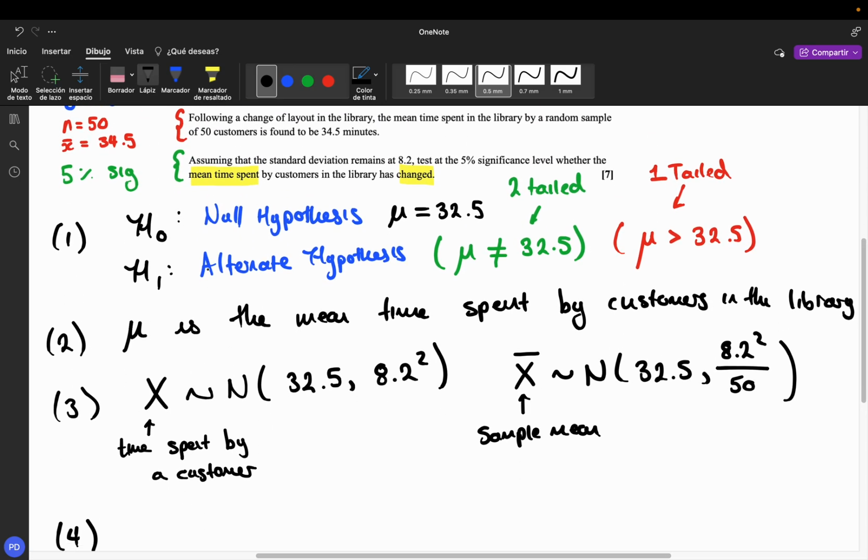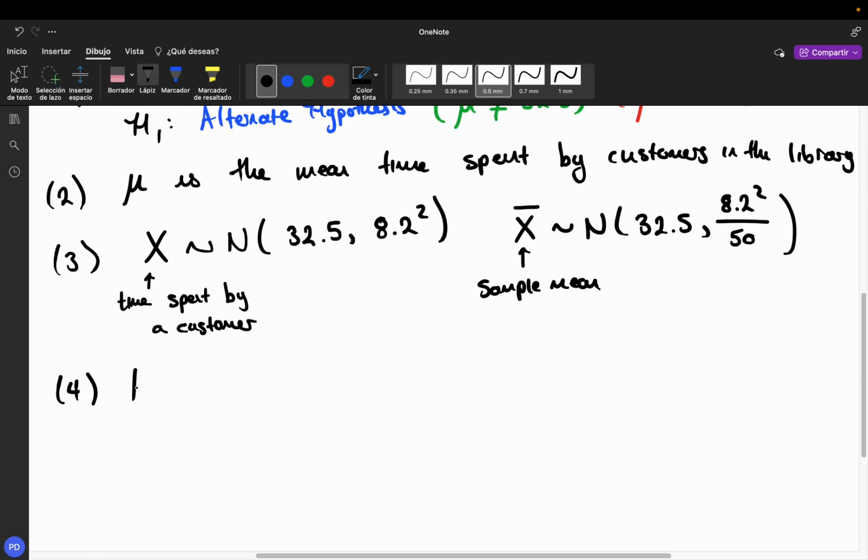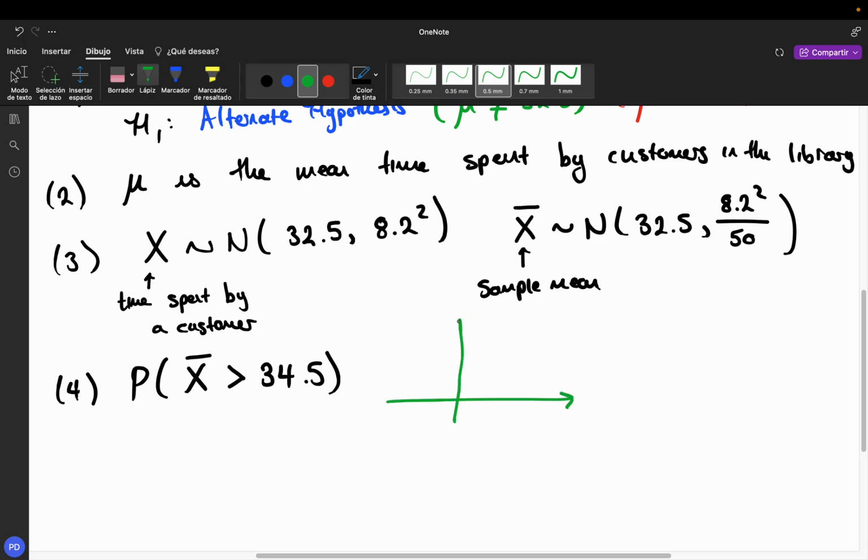Now, the way I'm going to do this is I want to find the probability that my sample mean, okay, is bigger than what I've observed, okay? So if I were to draw this as a little graph, so here I am drawing x bar, okay? Now this is my mean.